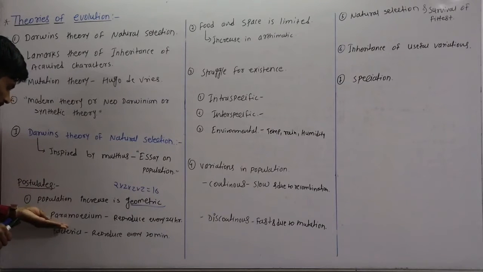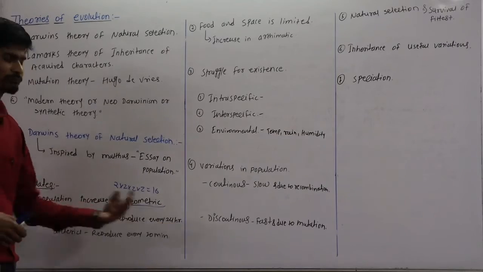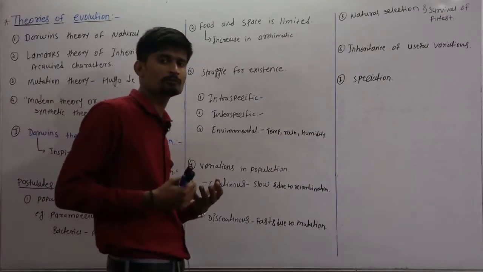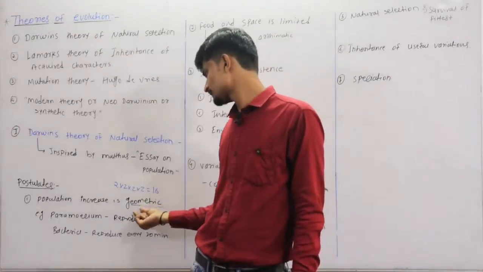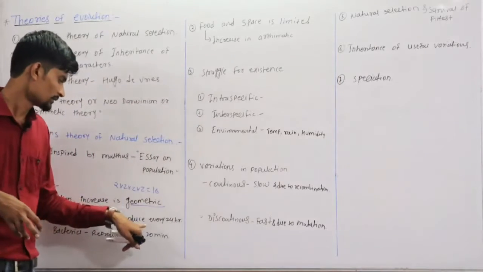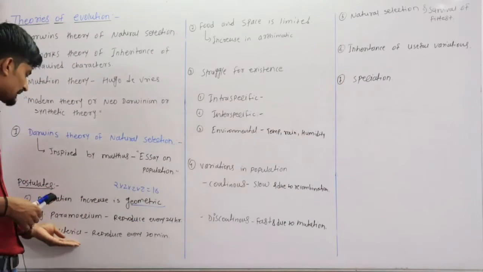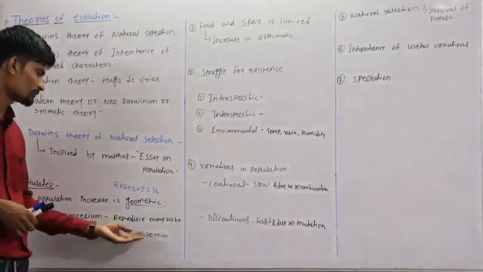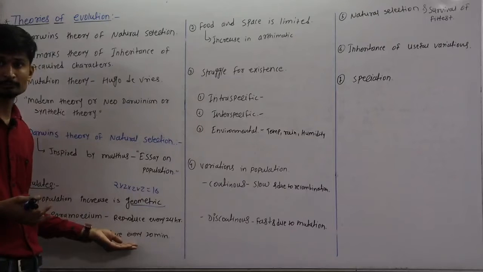For example, we can take paramecium. Paramecium reproduces every 24 hours. So reproduction is geometric, but all the organisms cannot survive. Next one is bacteria. Bacteria reproduce every 20 minutes. Why is there a high rate of reproduction?